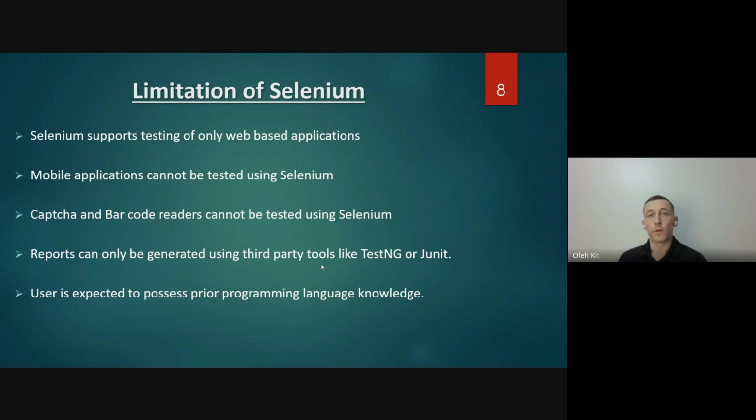And the big problem of Selenium is that there is no integrated program that generates reports. So you should use a third-party application or tool to generate reports to see the results or something like this. And of course, you should have some level of language knowledge.